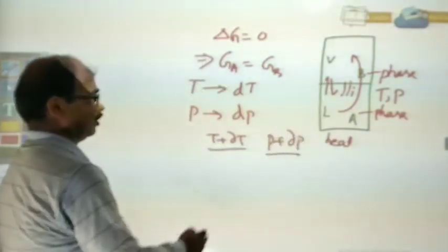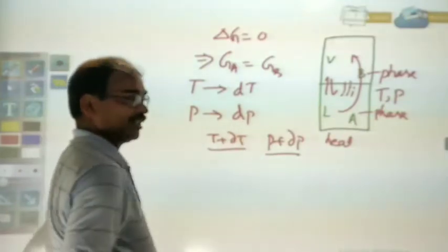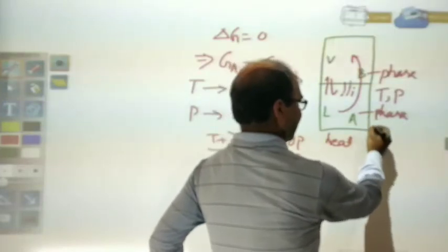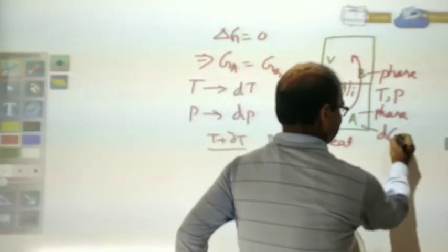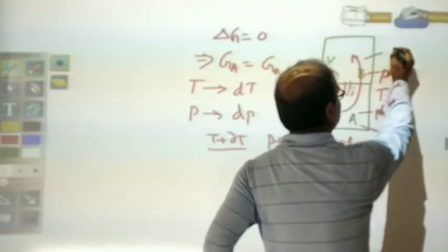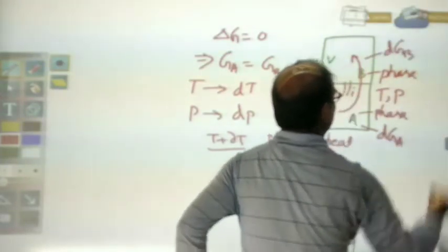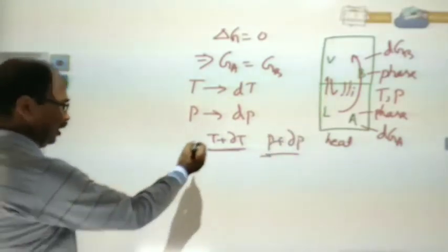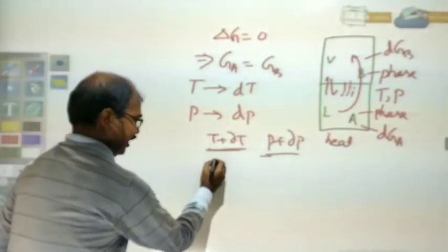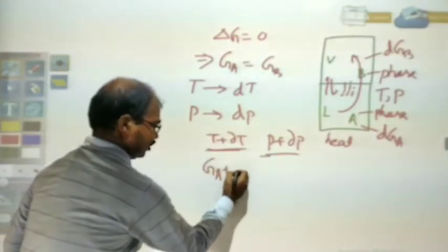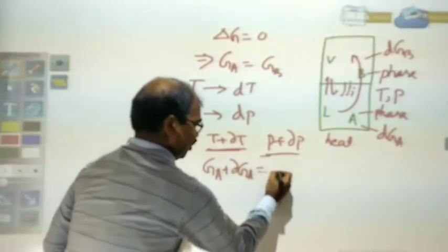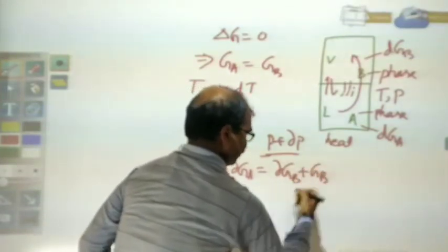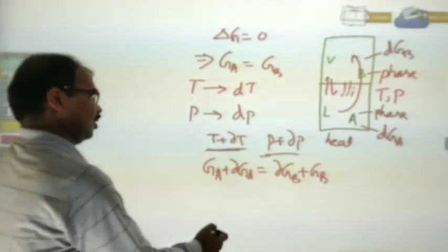When the temperature and pressure change, the free energy of phase A changes by dGA and that of B changes by dGB. So when the equilibrium is maintained at this temperature, we can write the free energy, GA plus dGA, is equal to GB plus dGB.